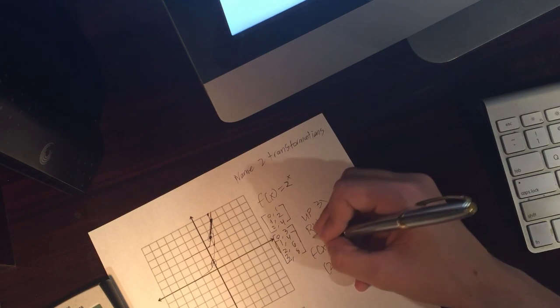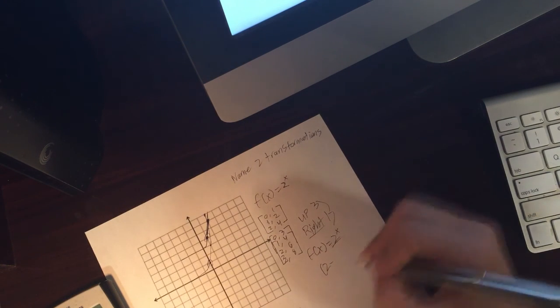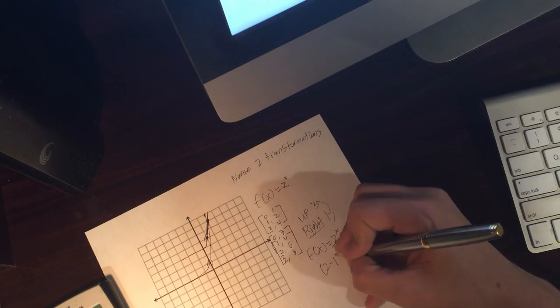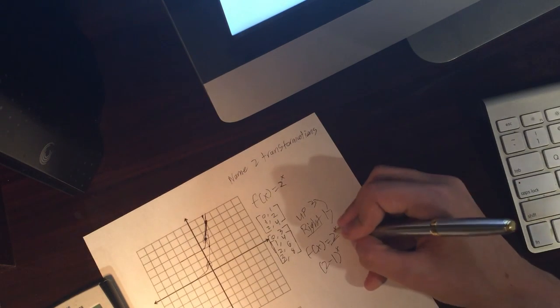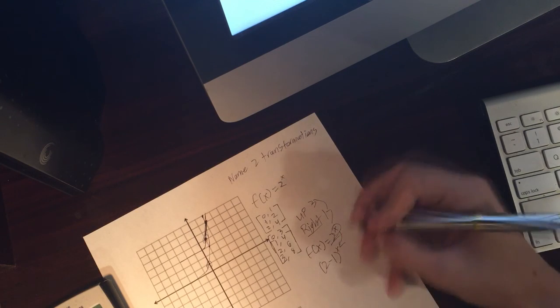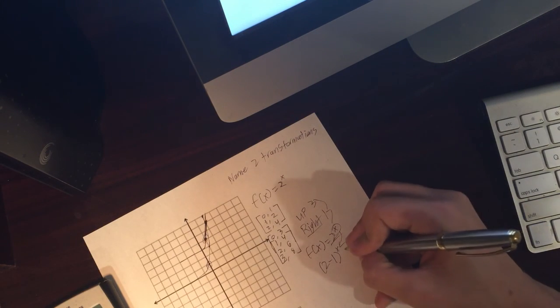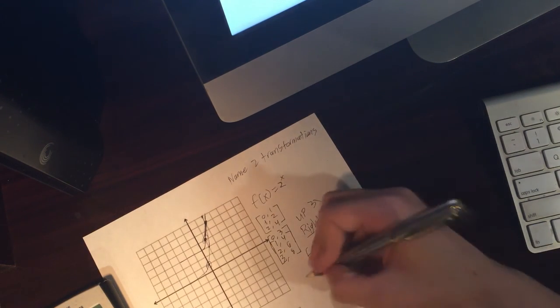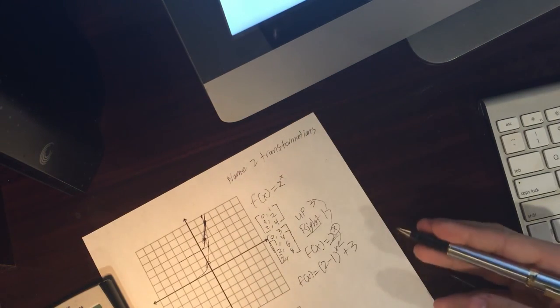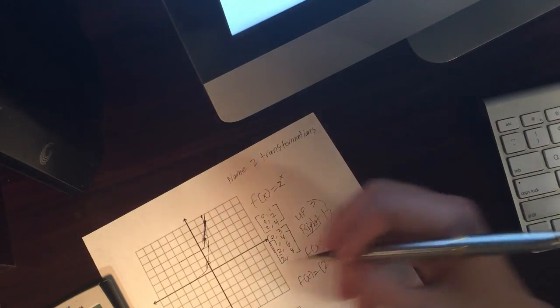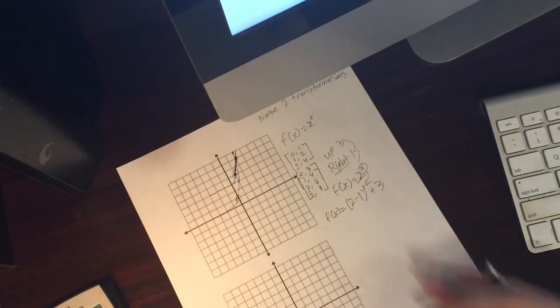But since it's going right, we actually need to make it subtract. So it's going to be right 1. So we're going to make it 2 to the power of x minus 1, then add in the up 3. So f of x equals 2^(x−1) + 3. And that's how you get the new graph.